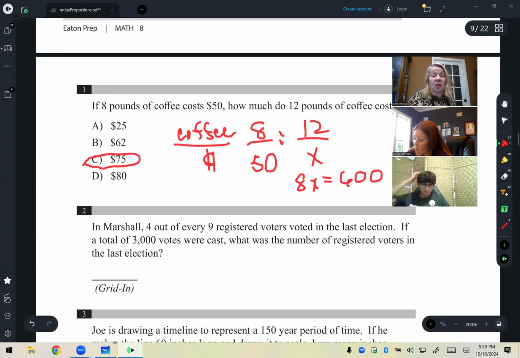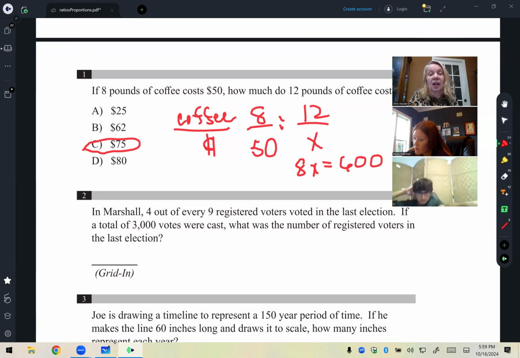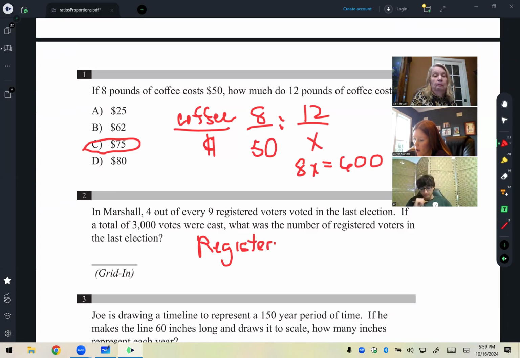Oh, I'm sort of tired of election stuff. In Marshall, we have registered voters. Those are the ones who are actually on the rolls to vote, over the regular voters. So 9 registered, 4 actually go to vote.